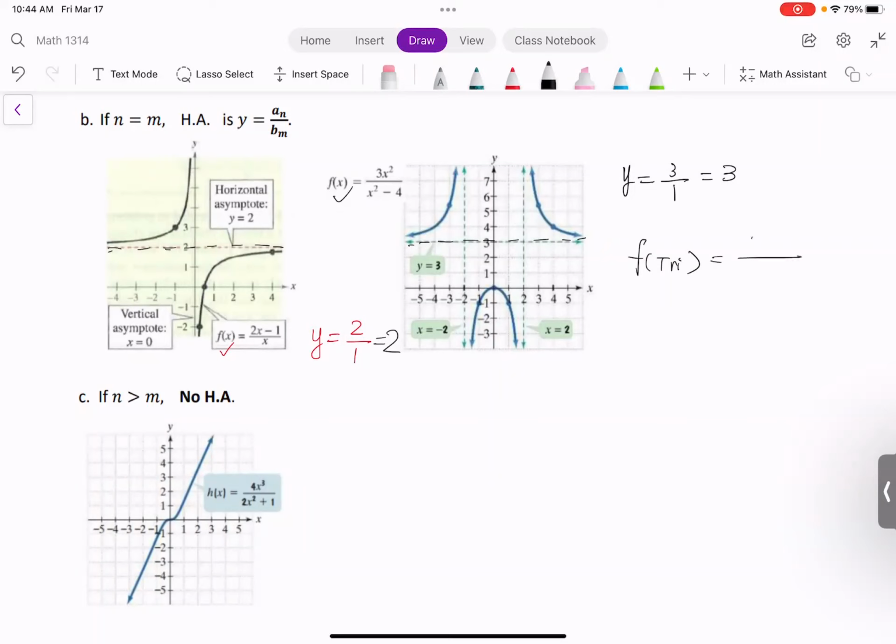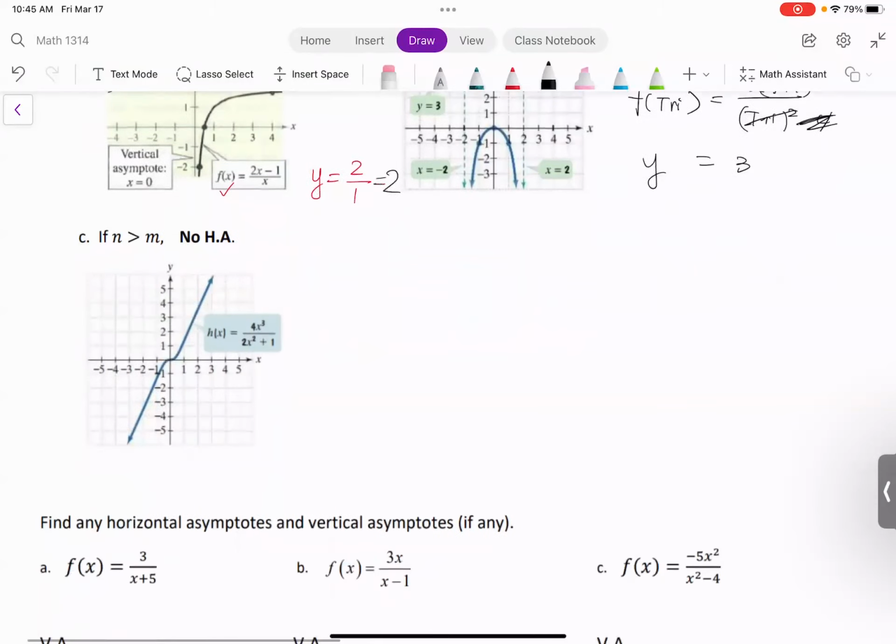So we have 3 trillion squared divided by trillion squared. You can plug in a value more than a trillion. Minus 4 is nothing, so top and bottom cancel. We have 3. So y approaches 3, or y equals 3 is the horizontal asymptote.